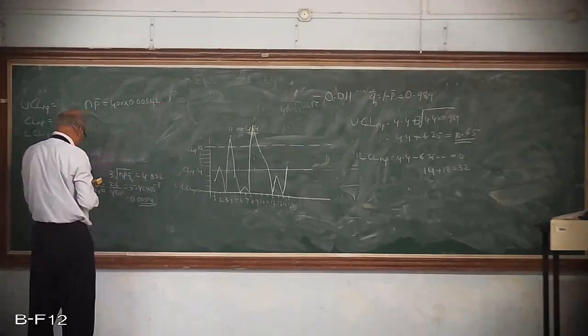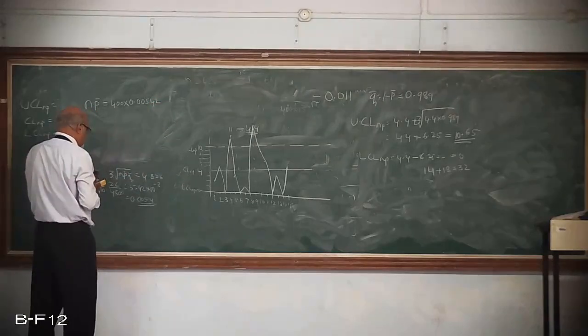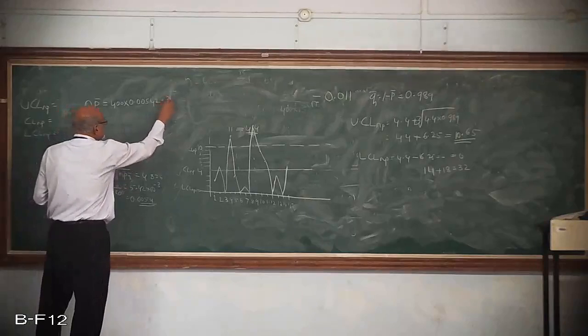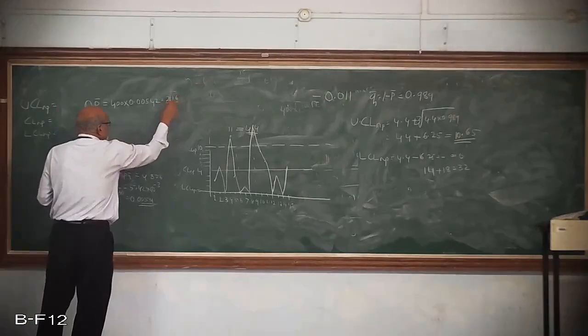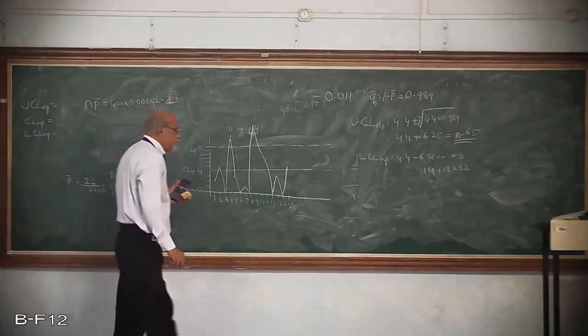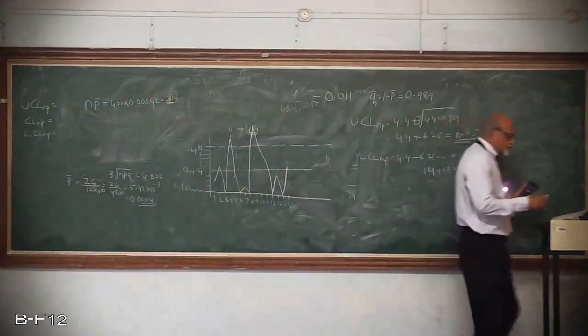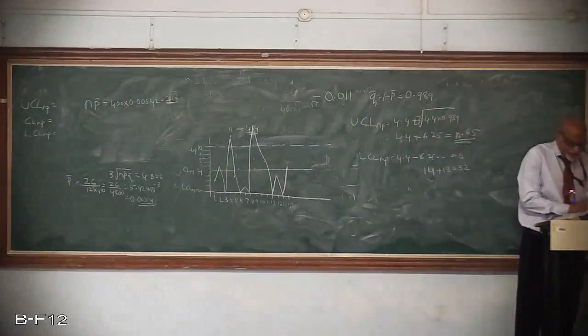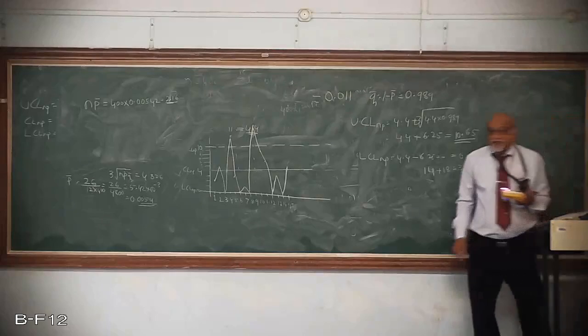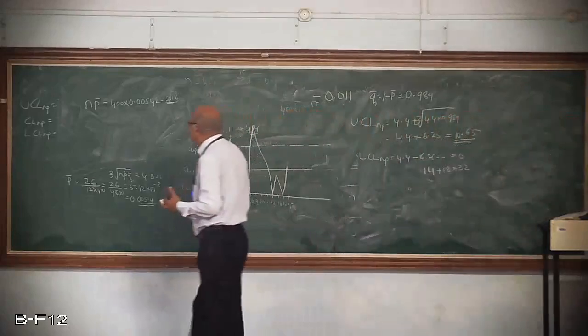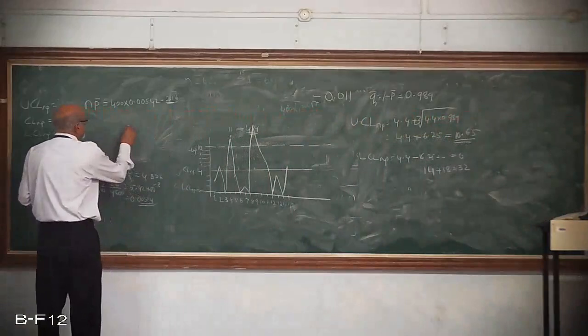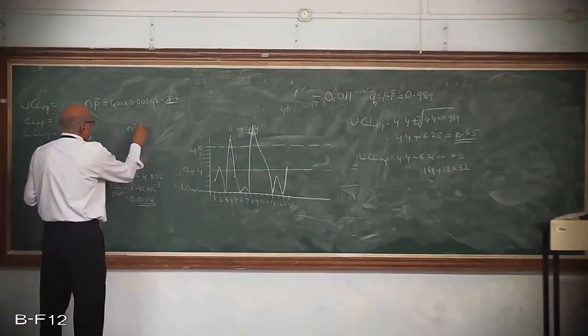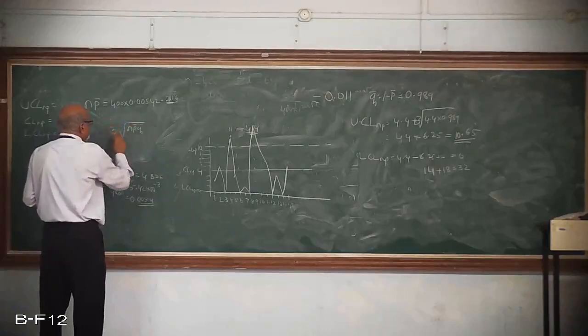This works out to be 2.16. Earlier, it was 2.616. Now I'll find out NP bar Q bar, square root of this one and multiplied by 3. That is what I need to find out.